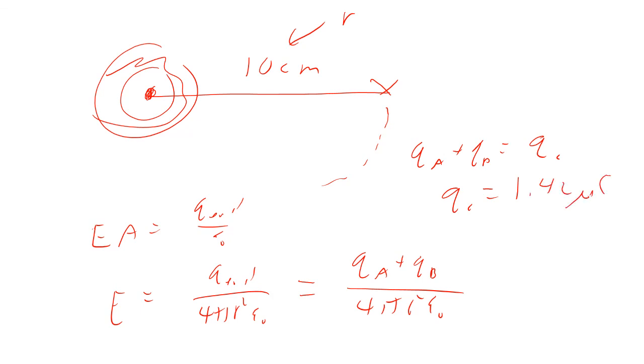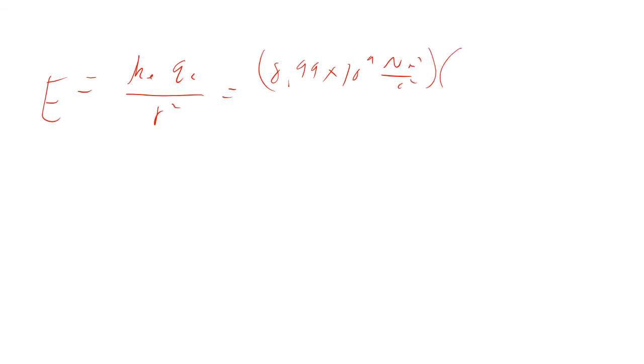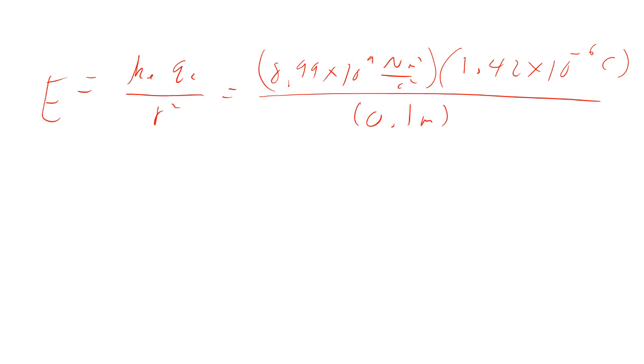So if we plug in all the numbers, the electric field is going to be K QC over r squared, so 8.99 times 10 to the 9th newton meter squared per coulomb squared times the 1.42 times 10 to the minus 6 coulombs divided by 0.1 meter squared.